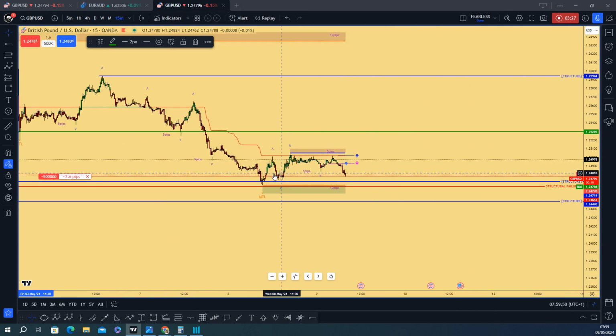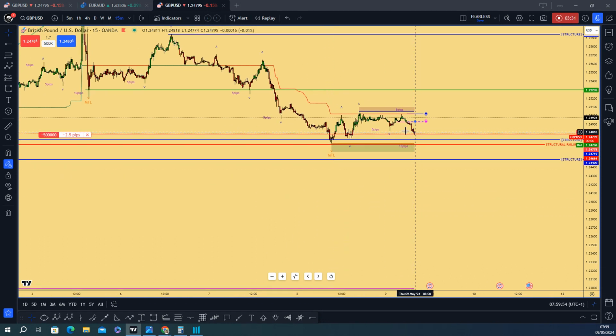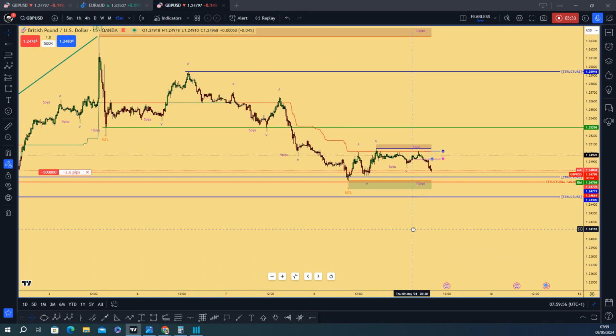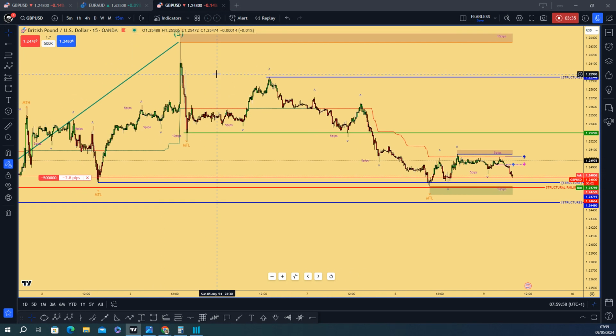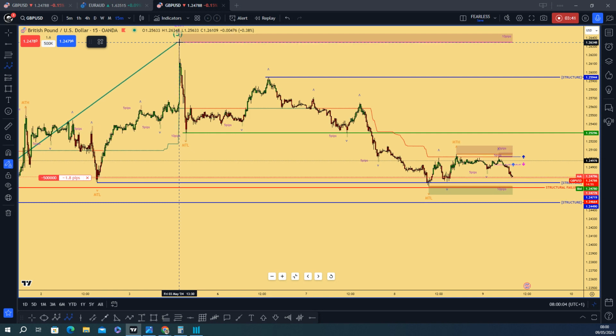Yesterday was actually a fun day, buying and selling on the 5 minute chart, and now we've seen the move. So let's count the wave from this 15 minute chart. Very easy to do. We have the starting point after the news on Friday. We have the 0 to 1.